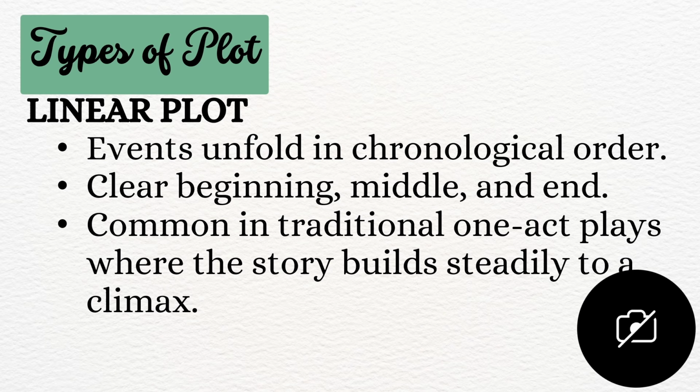And it is the most common in traditional one-act plays because, again, as I have mentioned, when we talk about one-act play, it's not like a full-length drama that could take 5 acts or more. When we talk about one act play from the term itself, it's a simple single act. So everything must be clear.